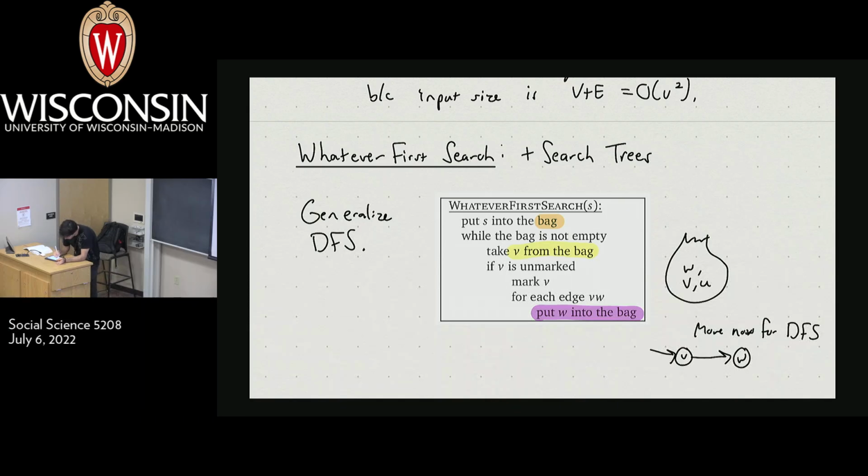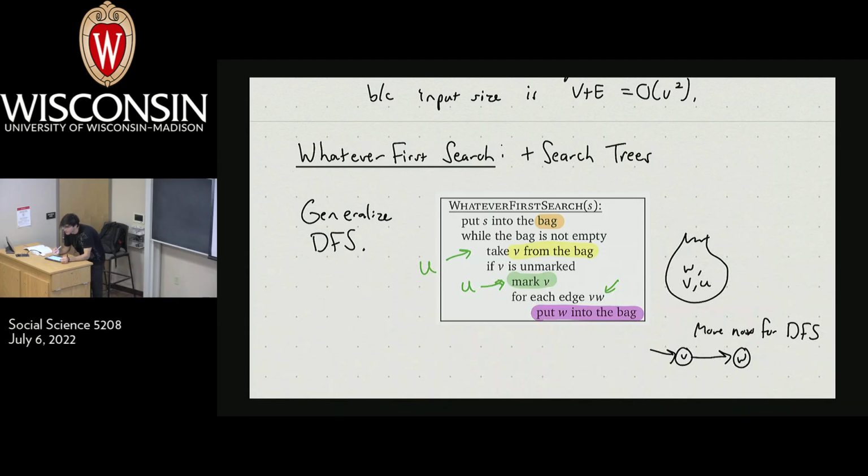And so we take U from the bag. So V equals U right now. And at the first time U is marked, we loop through its edges. So because we know U is eventually marked, we know this loop at some point must have executed this command, because that's literally the only way to get marked, unless it was already S. Okay, so we marked U. Now immediately after we mark U, we put all of its neighbors in the bag.